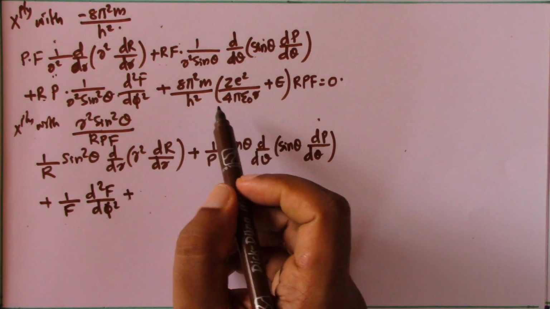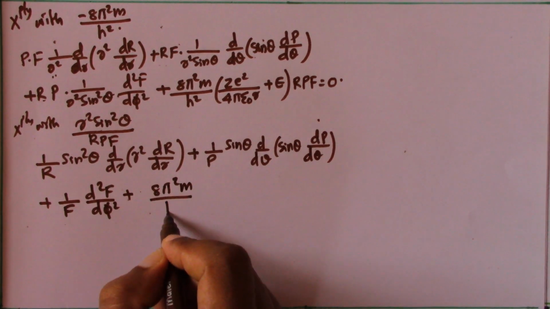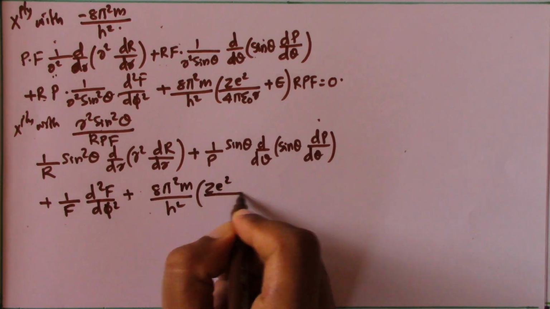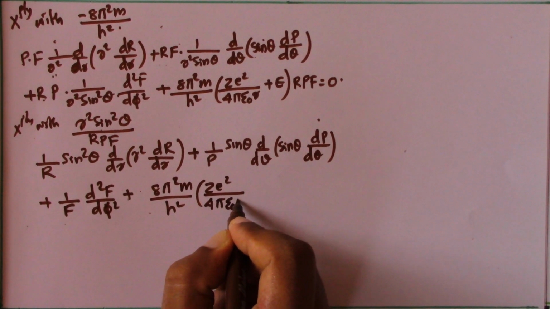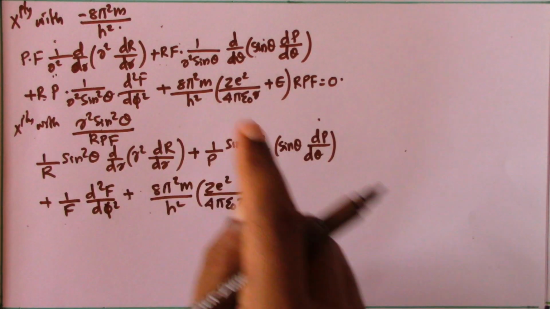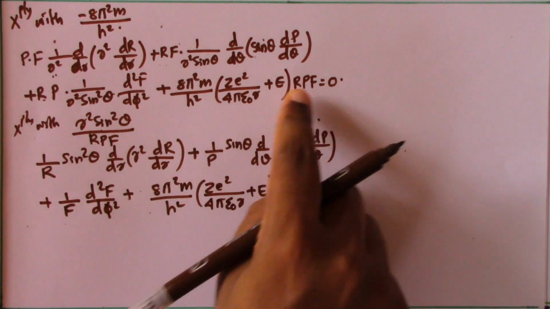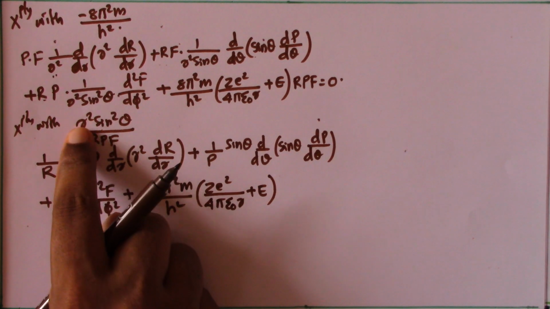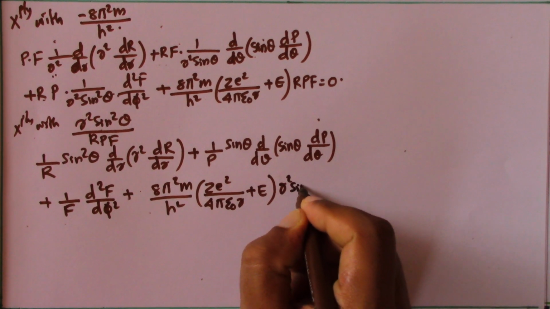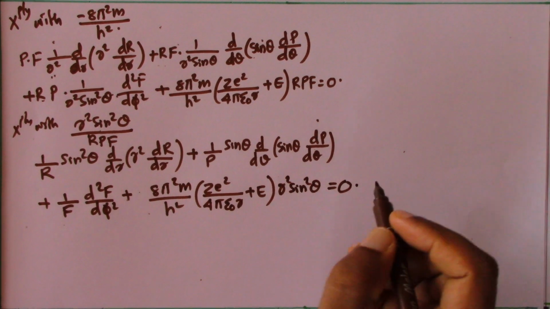So here 8 pi square m by h square into z e square divided by 4 pi epsilon 0 r plus E into, now we are going to multiply with this one, r square sine square theta by RPF. So RPF and RPF will be cancelled, and what is remaining is r square sine square theta, that is equal to 0.